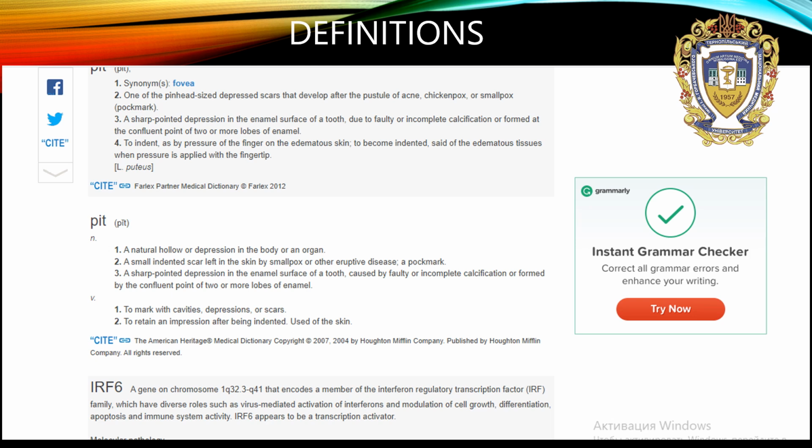But what does pit mean? The same dictionary gives us a few definitions. A pit is a natural hollow or depression in the body or an organ. The keyword is natural. Or a small indented scar left in the skin by smallpox or other eruptive disease, and that would be pathology.